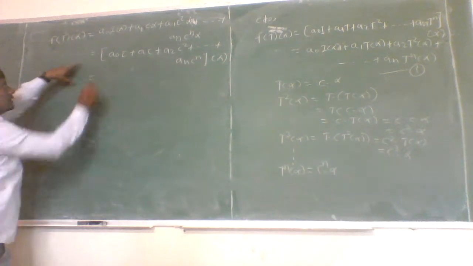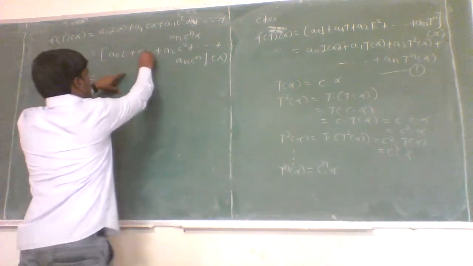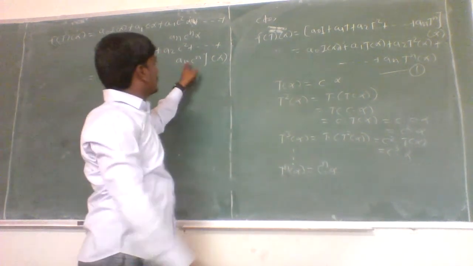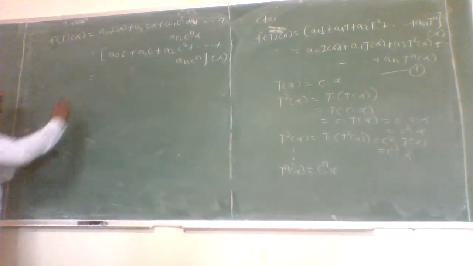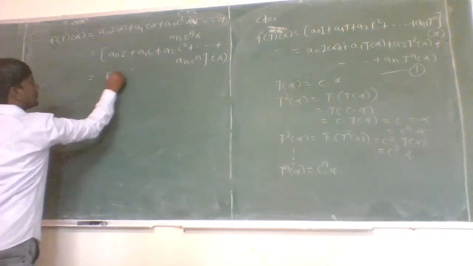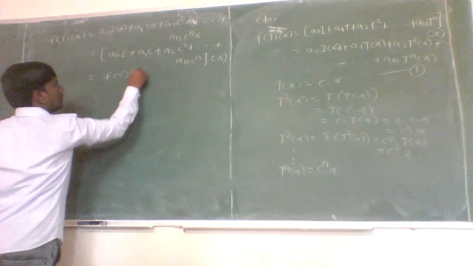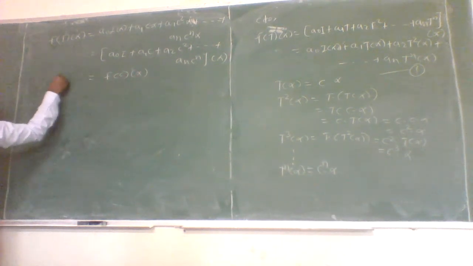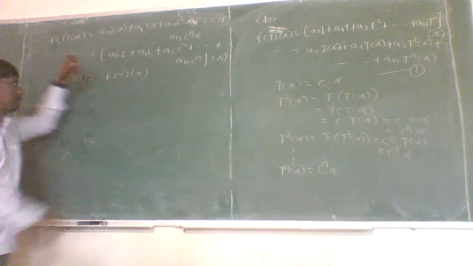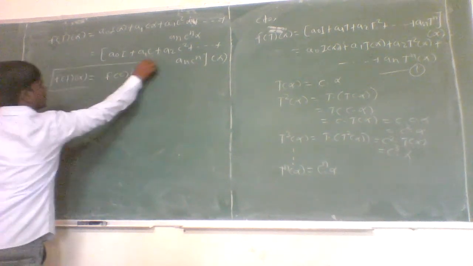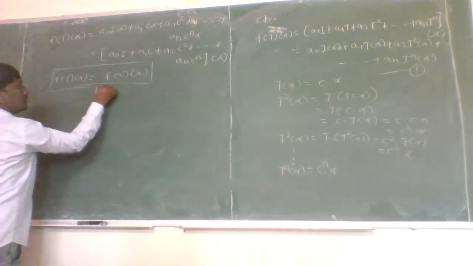Now, by definition, this a0 I plus a1 c plus a2 c squared plus up to so on an c raised to n is nothing but f(c), as f(x) is a polynomial of degree n. So, which is nothing but f(c) of alpha, and that is what we have to prove. We have to prove f(T)(alpha) is nothing but f(c) alpha, and hence the proof.